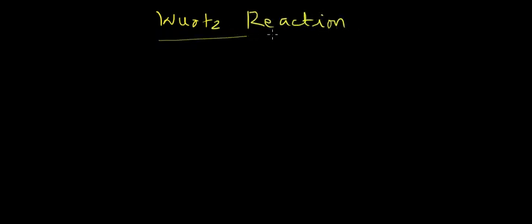So let us start with the Wurtz reaction. When an alkyl halide reacts with sodium in dry ether, an alkane will form, and it is known as the Wurtz reaction. So let me write it for more clarity.